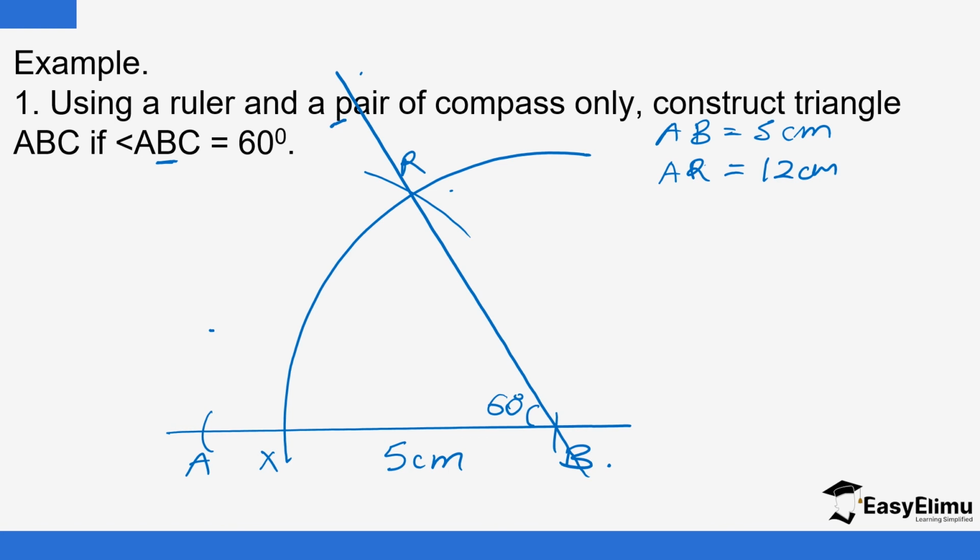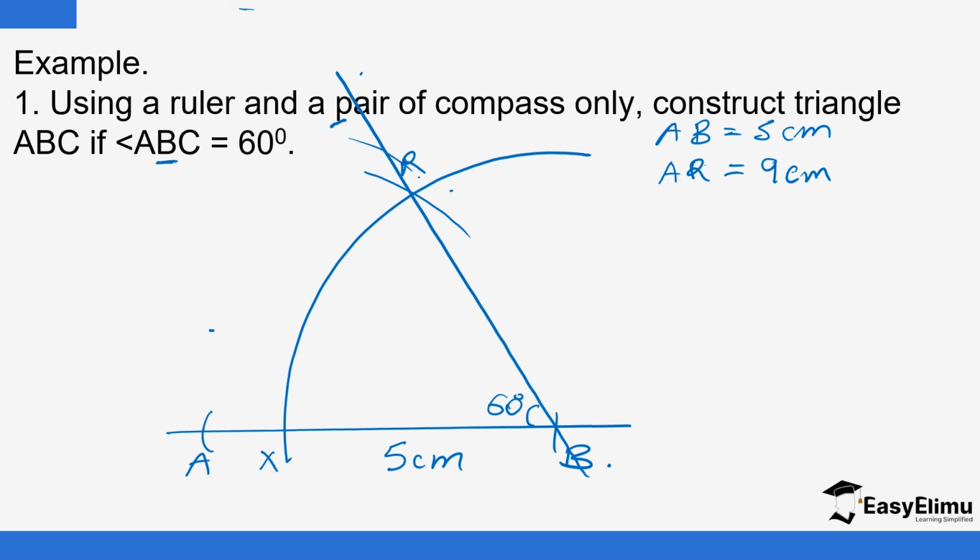And then using A as the center, actually 12 centimeters seems to be longer. So let me use something like 9 centimeters. So you measure 9 centimeters, then use A as the center, 9 centimeters radius.